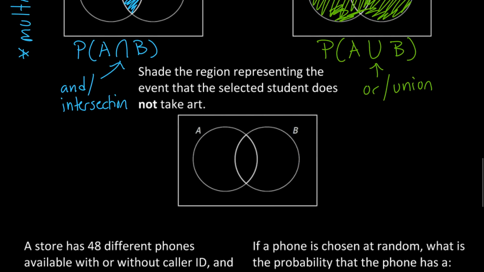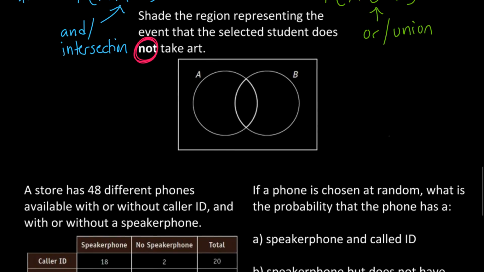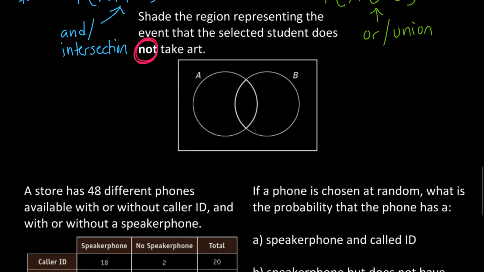Next, it says shade the region representing the event that the selected student does not take art. So this is the portion that is not circle A. Where do you think I'm going to shade? All of B? Which part of B?